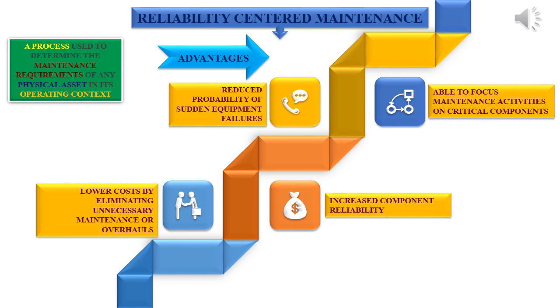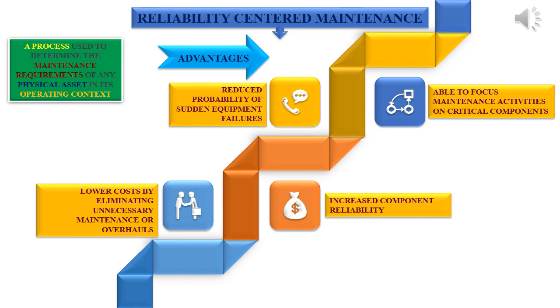Coming to reliability centered maintenance, the last, fourth type of maintenance. It is nothing but a process used to determine the maintenance requirements of any physical asset in its operating context.